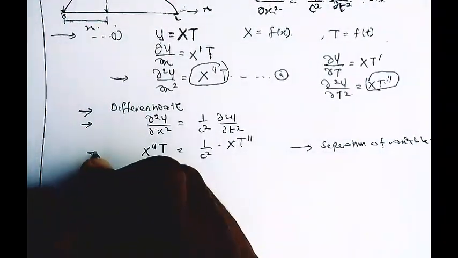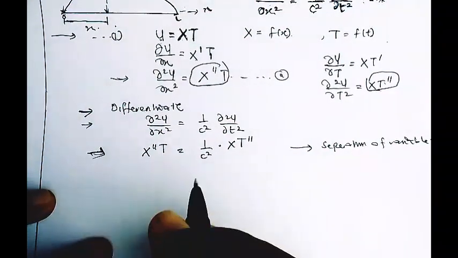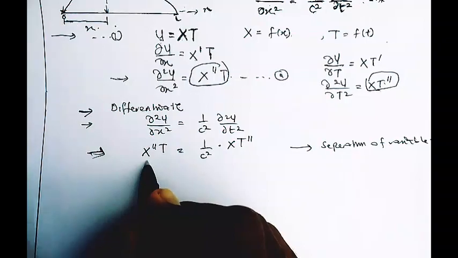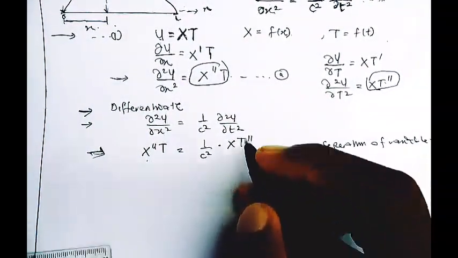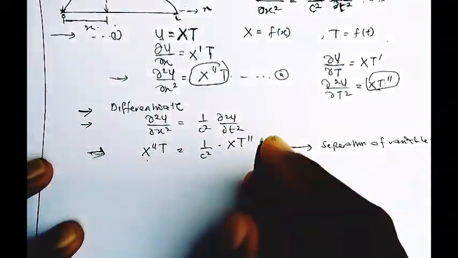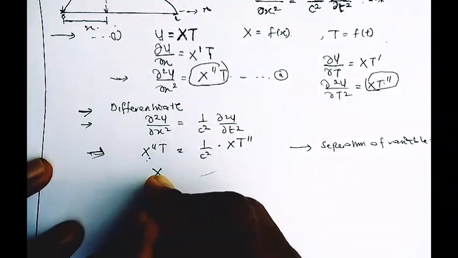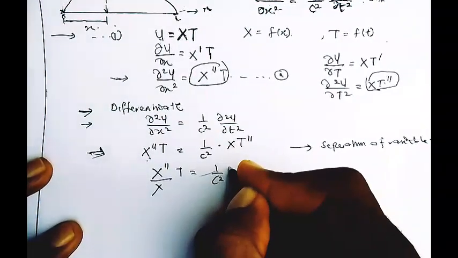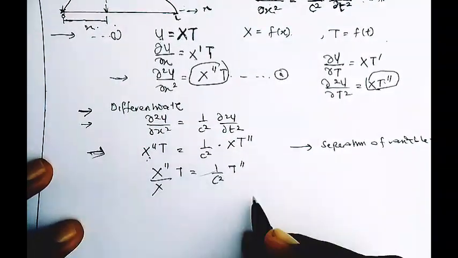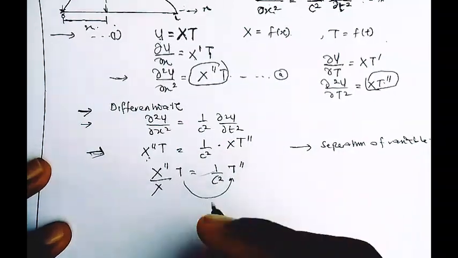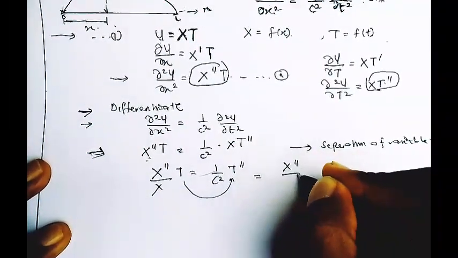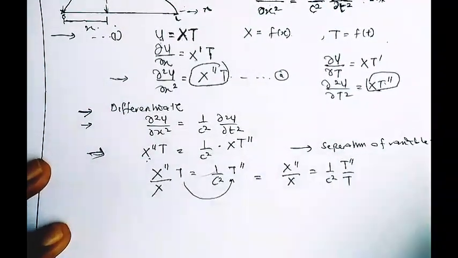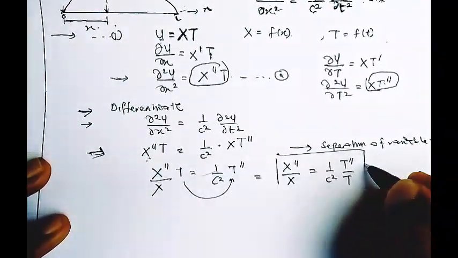To make X move towards the x side and T towards t, I'll just divide through by X and divide through by T. This is X prime prime over X T equals 1 over c square T prime prime, so I'm left with X prime prime over X equals 1 over c square T prime prime over T. So I've successfully separated the variables.